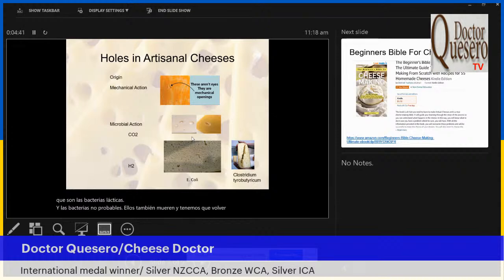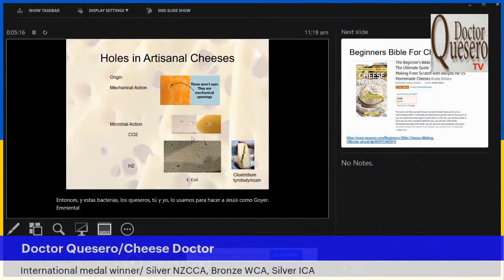This type of bacteria, these good bacteria, produce carbon dioxide, CO2. It's a gas that we have in the environment. It's not dangerous. It's fine. Cheese makers like you and like me use these bacteria to make cheeses like Gruyere, Emmental, Edam, Gouda.